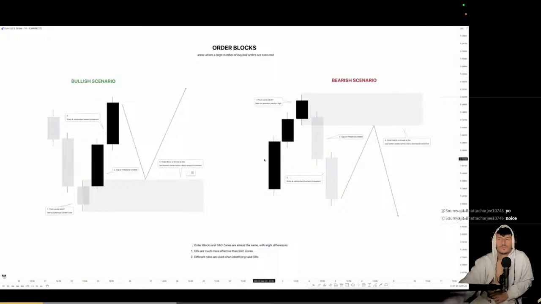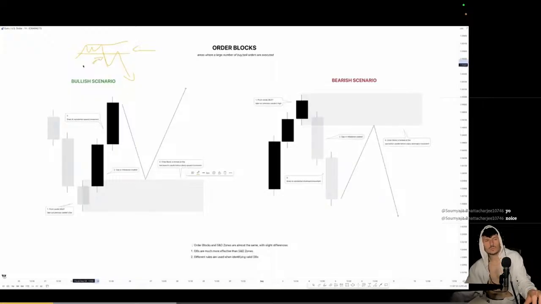So earlier on, when we went through supply and demand zones, we know that, okay, example here, there is a demand zone right here, and all we are doing is waiting for price to pull back to the demand zone, and then that is when we can enter for our trade. And the rationale behind this is that, okay, smart money entered for a sell position right at this area. Okay, this is actually a supply zone, I just realized. Let's say smart money enter for a sell right here, with a large amount of orders, right?